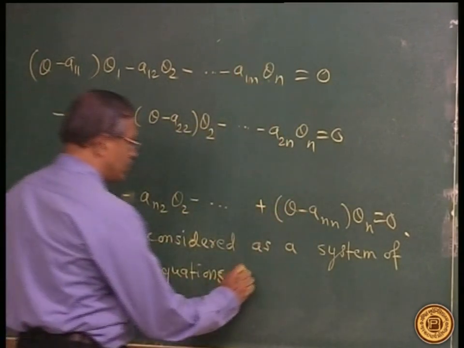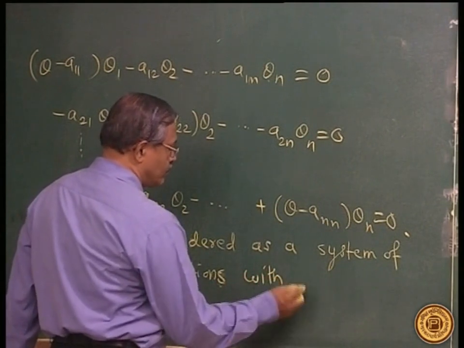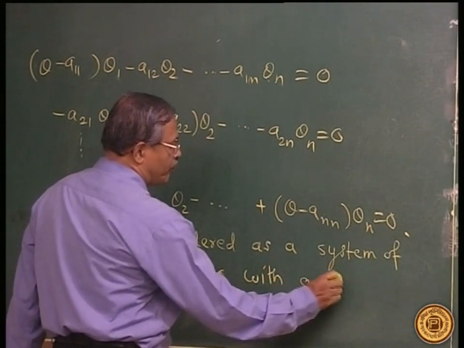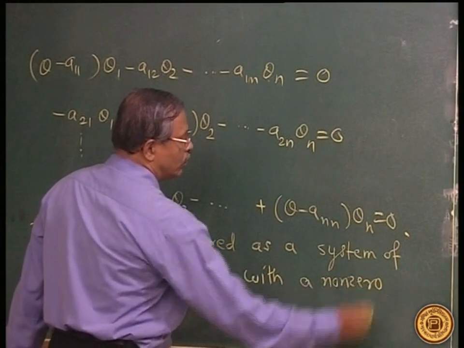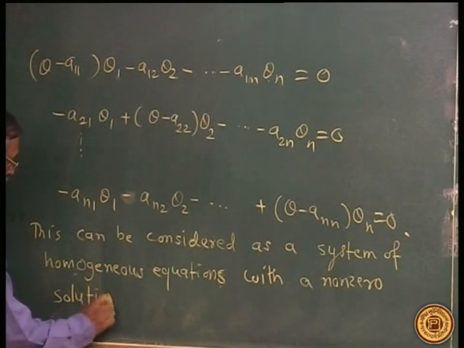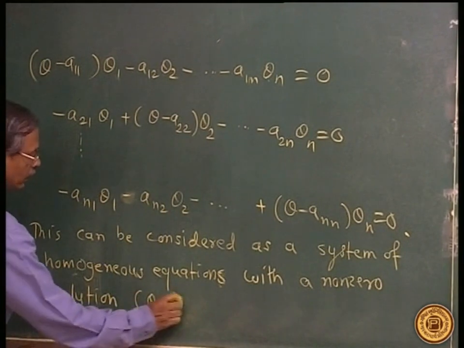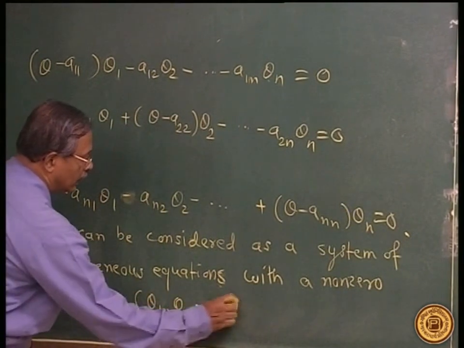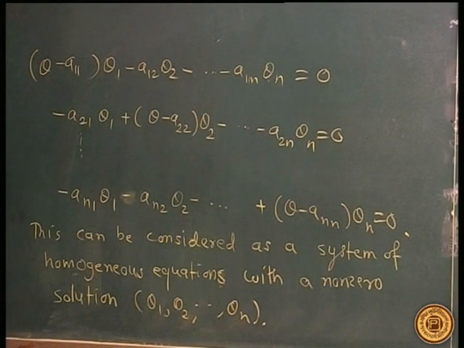with a non-zero solution theta 1, theta 2, theta n, because at least one of the theta i is non-zero. That is the assumption in the theorem.